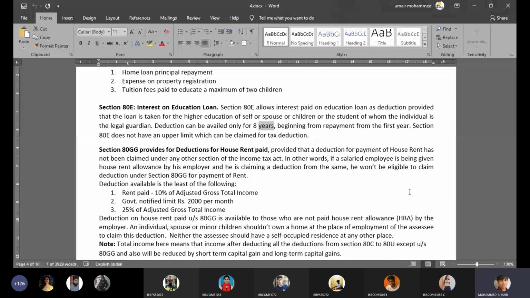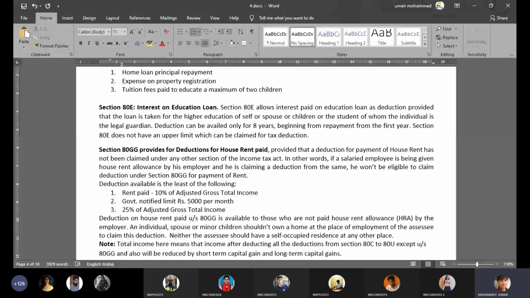I think in the book it is mentioned as 2,000, so I request you to change it to 5,000. Third, 25% of the adjusted GTI. Once you calculate all these 3, the least of the following is exempt.